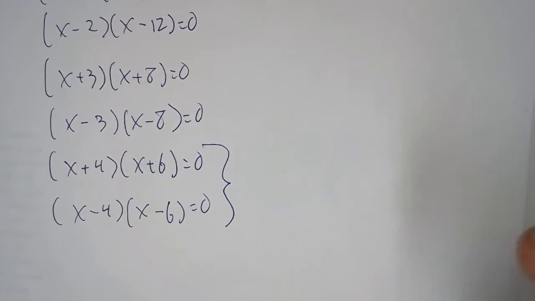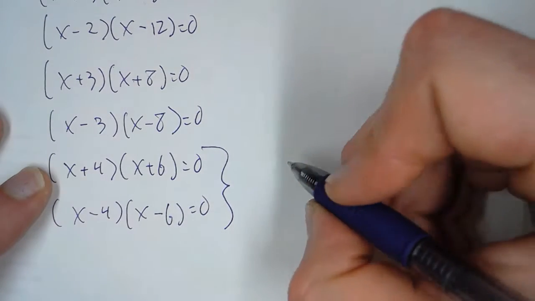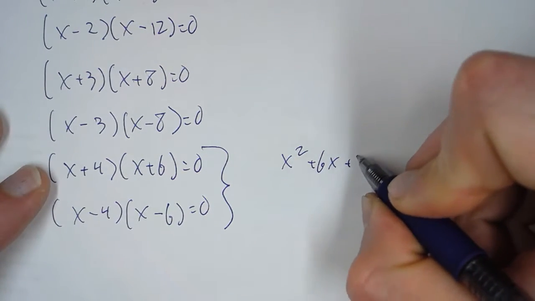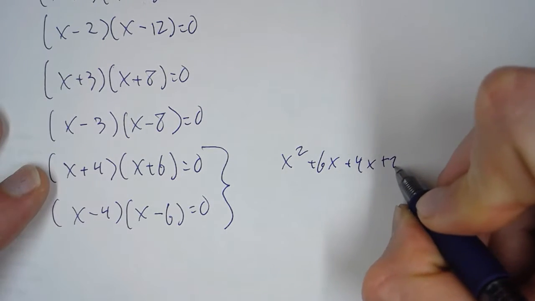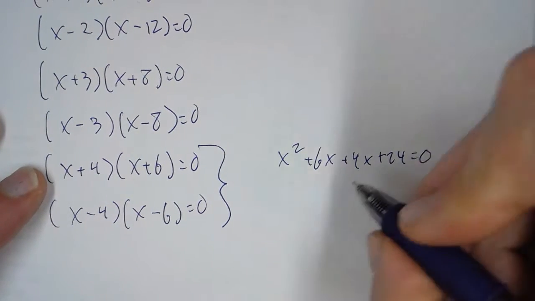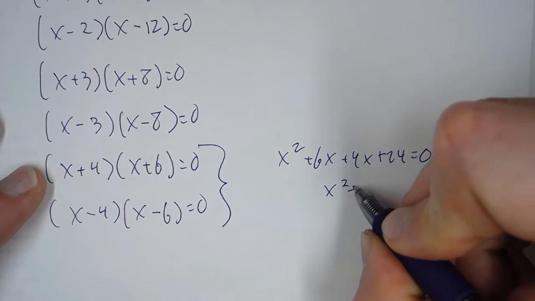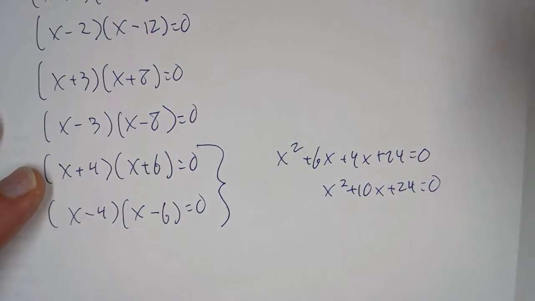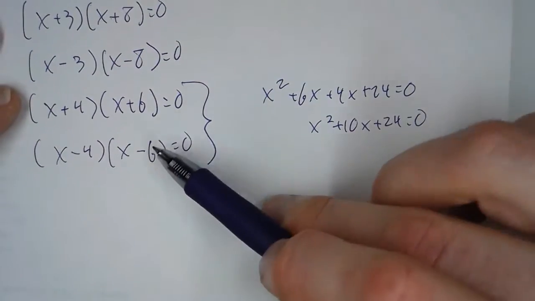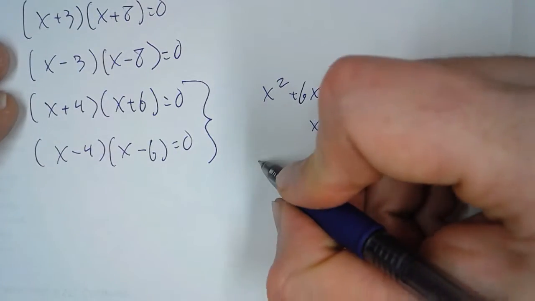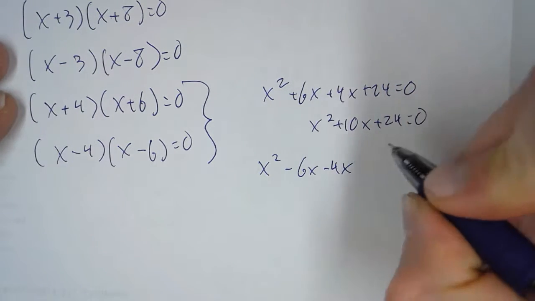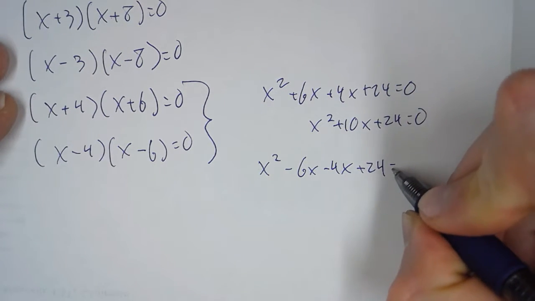So what we have to do is multiply these two out. So we get x squared plus 6x plus 4x plus 24 equals 0. So for this one, we get x squared plus 10x plus 24 equals 0. The other possibility, if we multiply this out, we get x squared minus 6x minus 4x plus 24 equals 0.